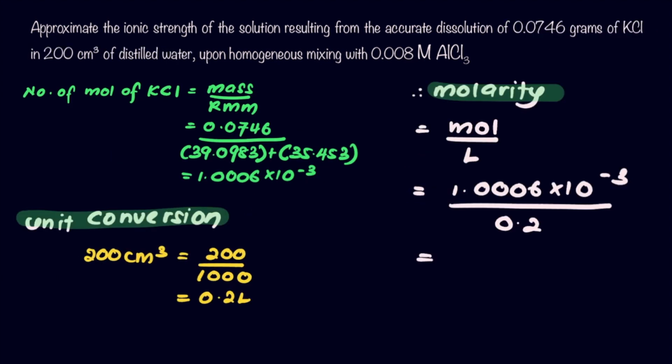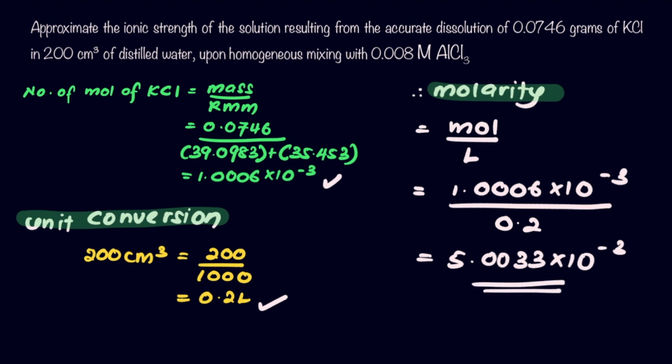And now we are going to use the value of the number of mole, and I have already converted from centimeter cube to liter. So you will get your molarity is equivalent to 5.0033 times 10 to the power of negative 3. So this is the molarity for the KCl.